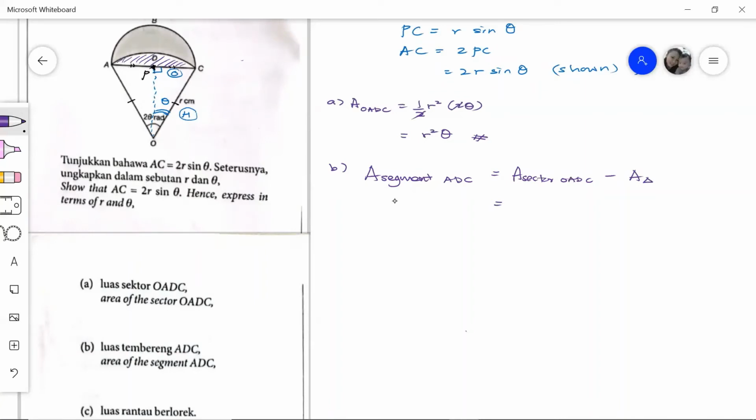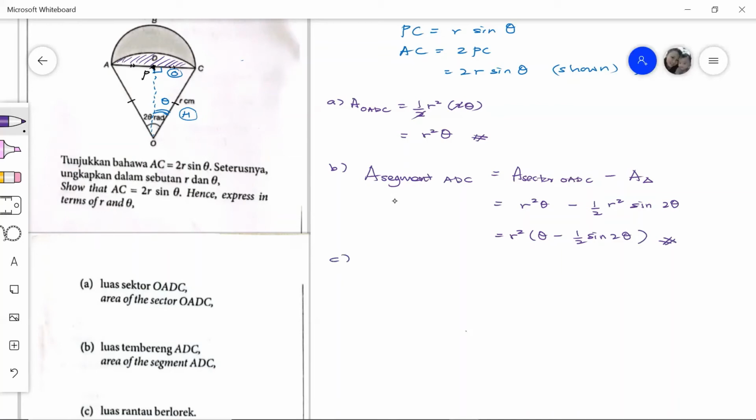So the area of the OADC is R squared theta. The area of the triangle will be half R squared sine theta. In this case, the angle is 2 theta. So we can factorize the R squared. So theta minus half sine 2 theta. So leave this as our answer.